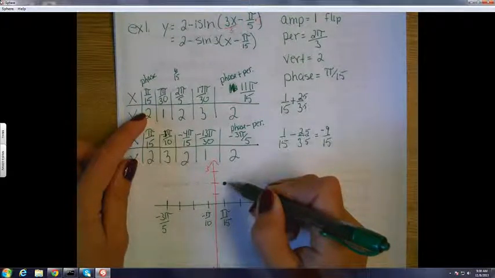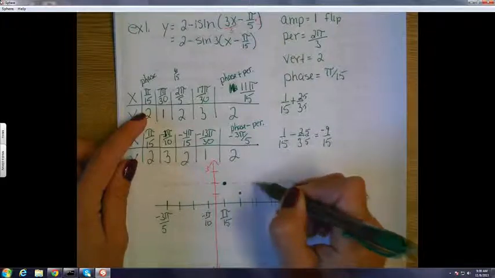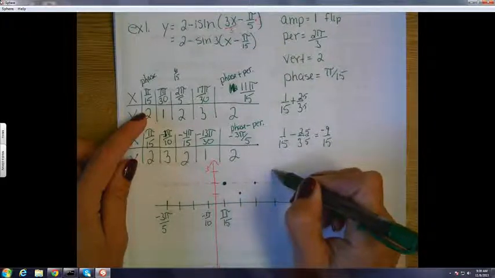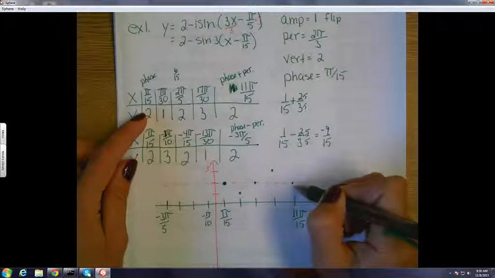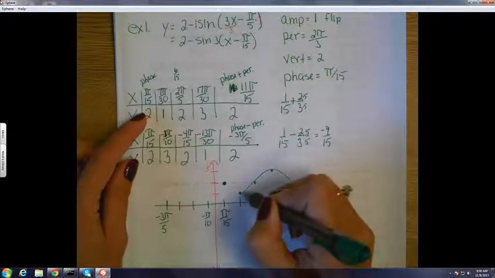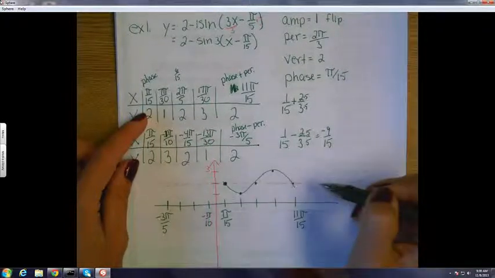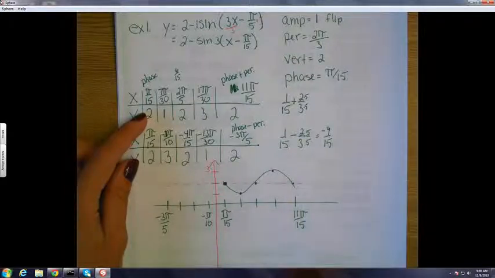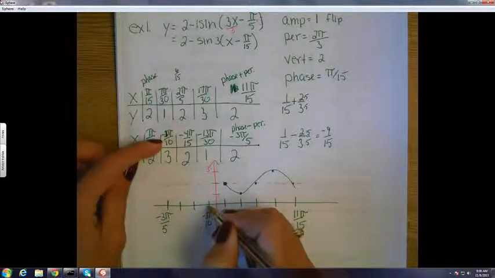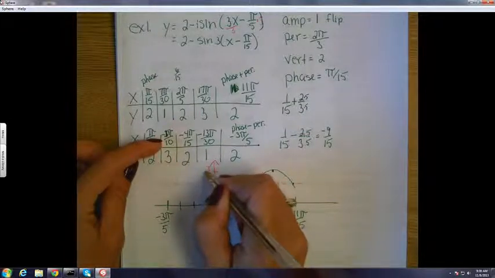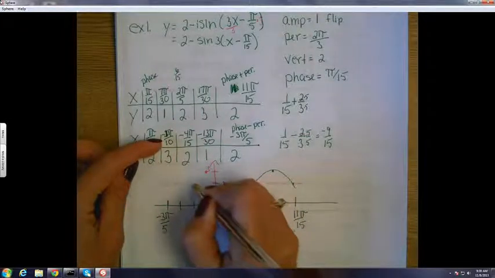Then I come down. Don't use that y-axis as one of your points. Skip right over it. Your next point is here at the negative pi over 10, which is up here. Then I come back.